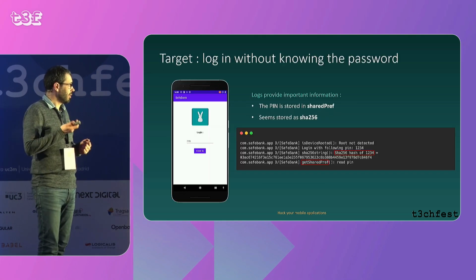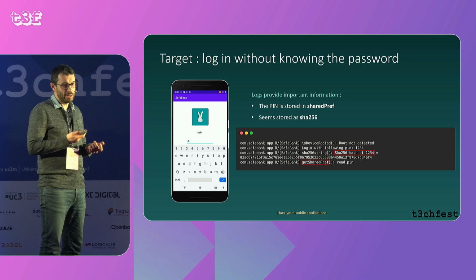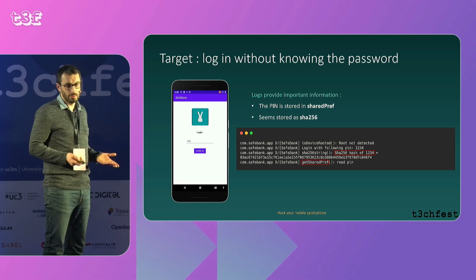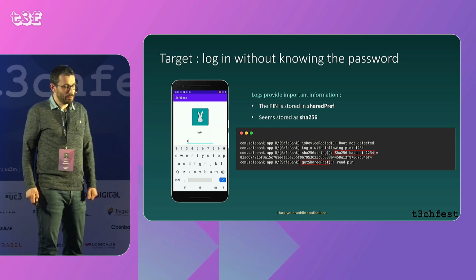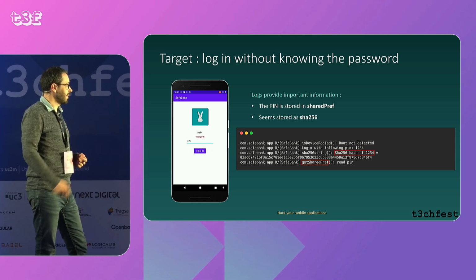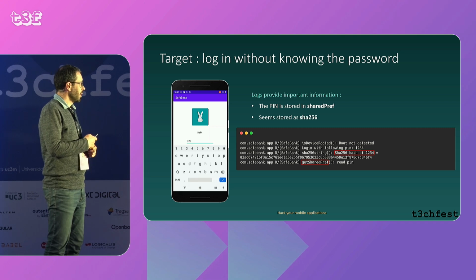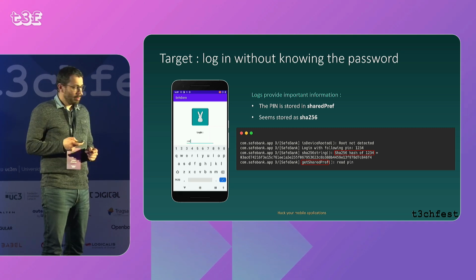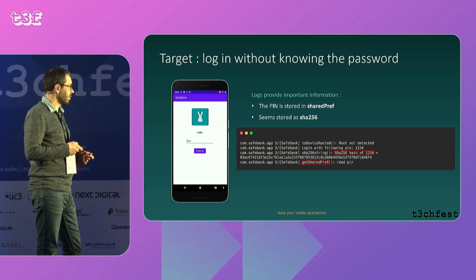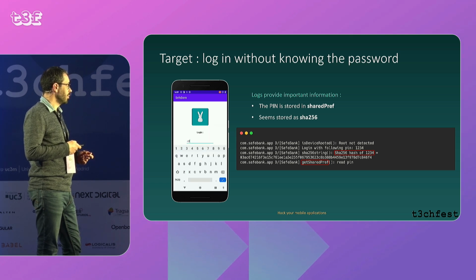Because here, okay, I can run my application, but there is a login page and I don't have the PIN. So I have to try to bypass this login. In the log, we see that I tested the application on my mobile.